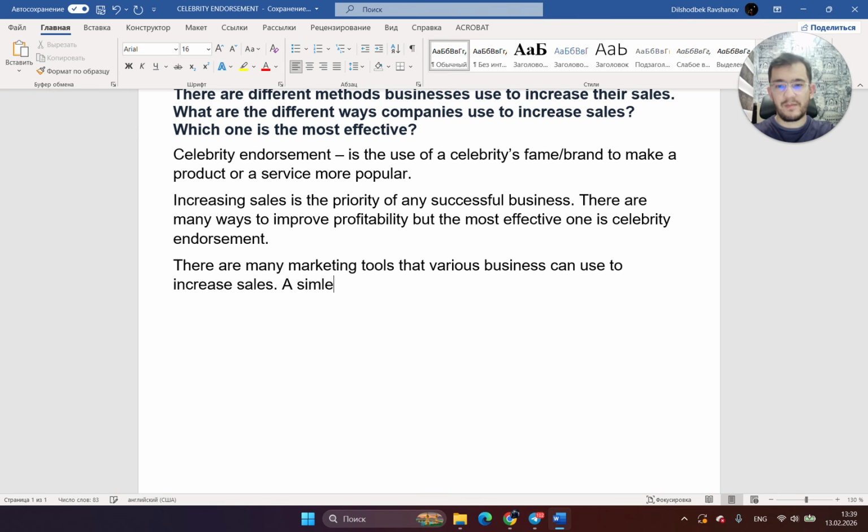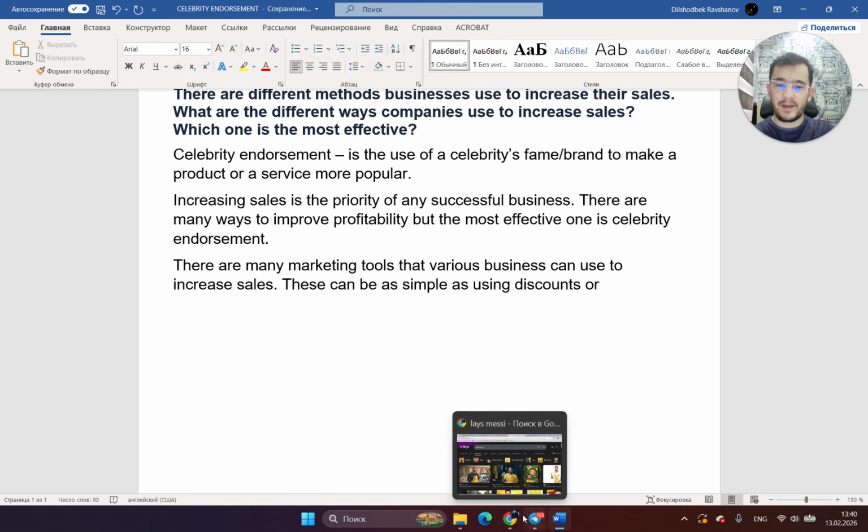Let's say, these can be as simple as using discounts, or was that bundle pricing?